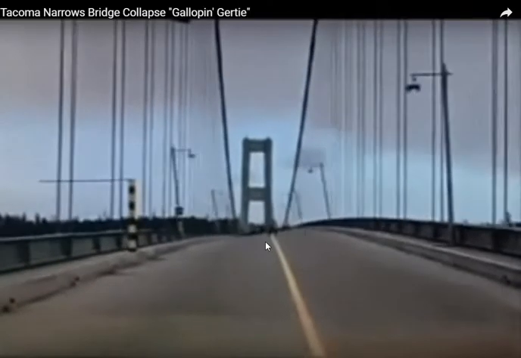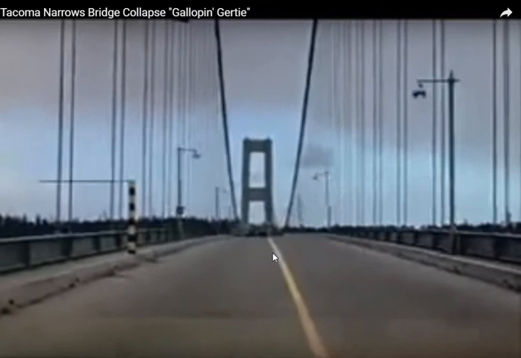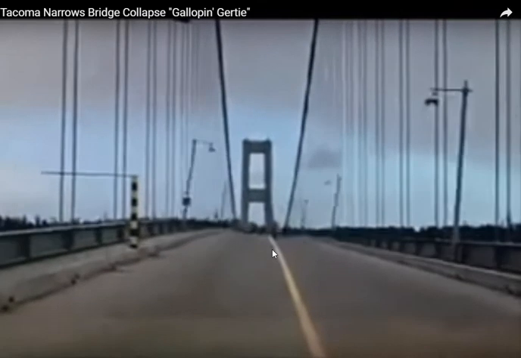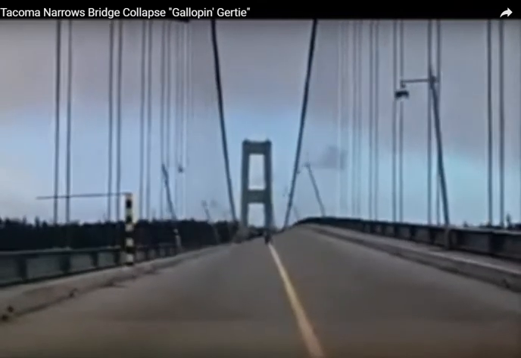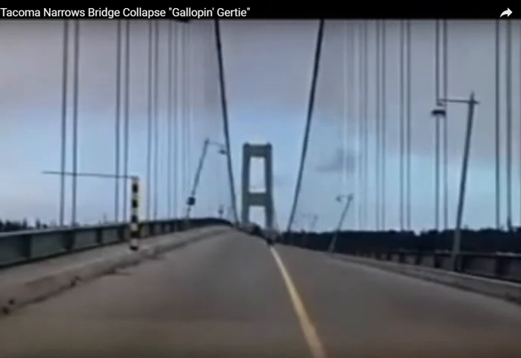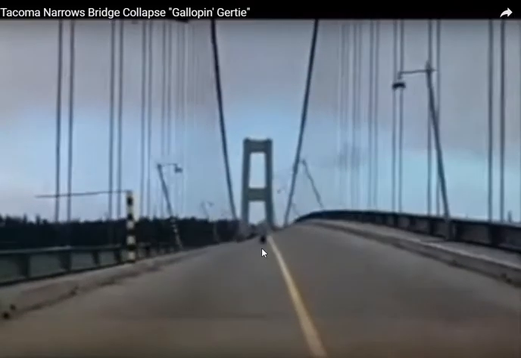See him walking there in the middle of the road, so he's most stable there. He's having a hard time keeping his balance, so you can see him wandering from one side to the other.